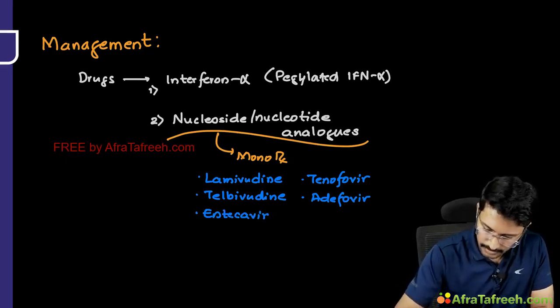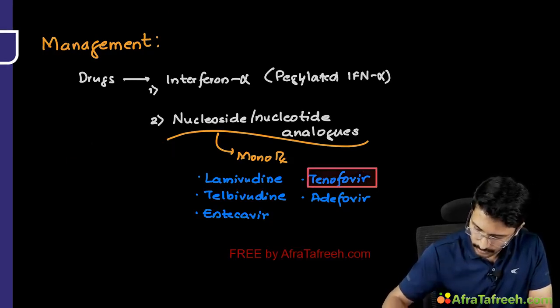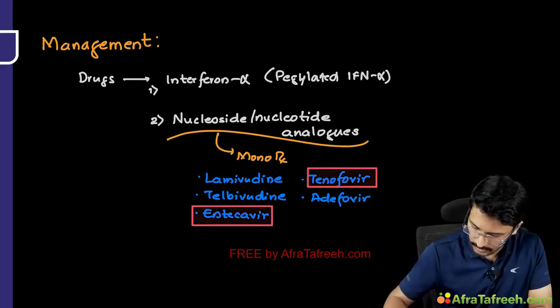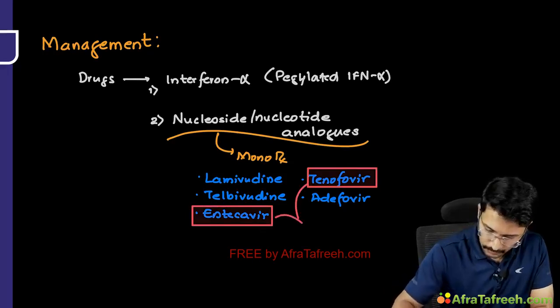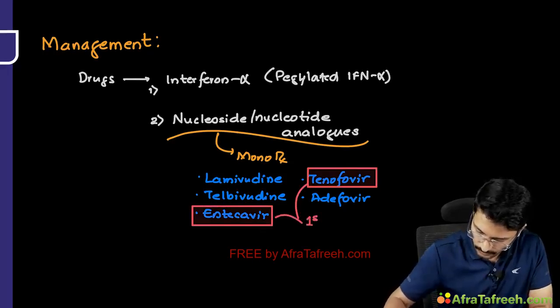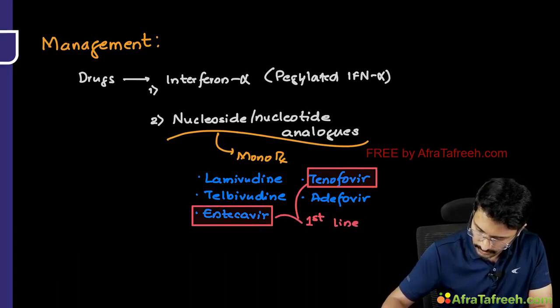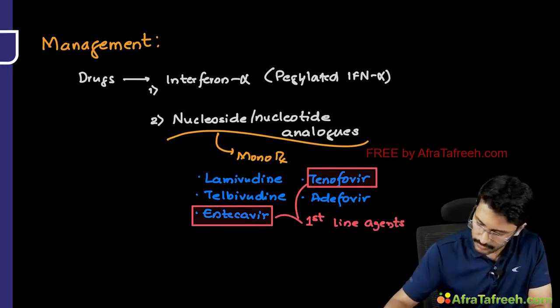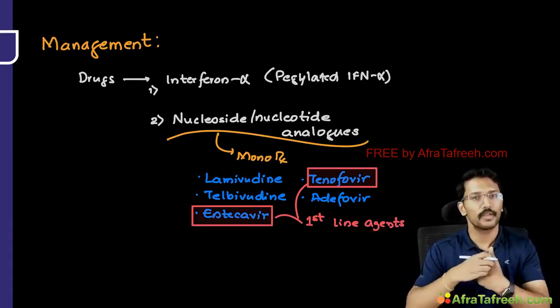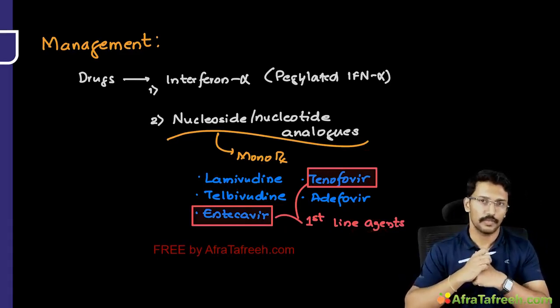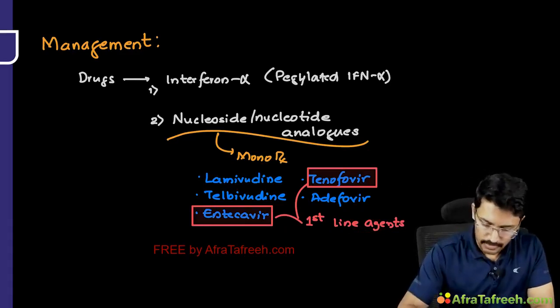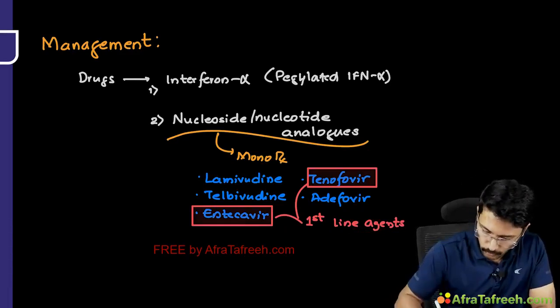Now, among the drugs that I have listed, right, you have to remember that tenofovir and entecavir, right, these are the drugs which are considered as first line agents. These are first line agents. So the other drugs are considered as second line agents or add-ons if the first line agents are showing improper response. Clear? Okay.